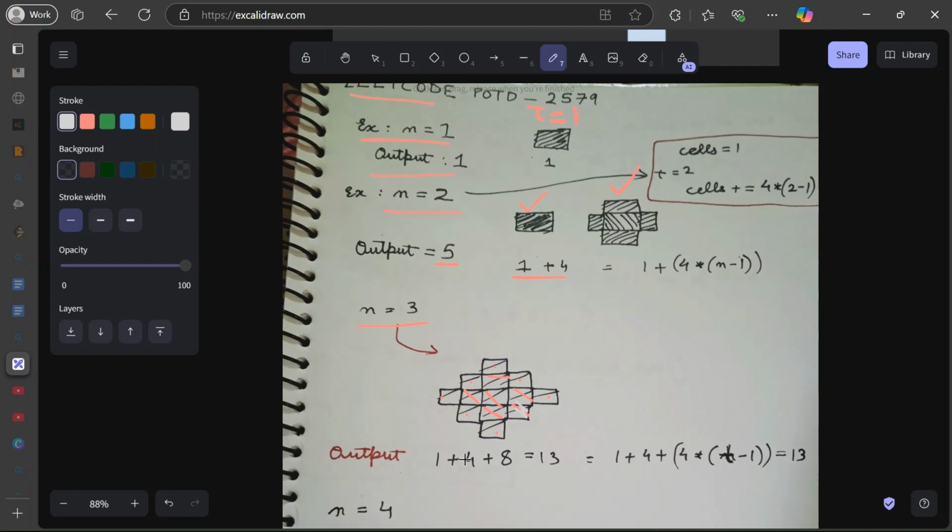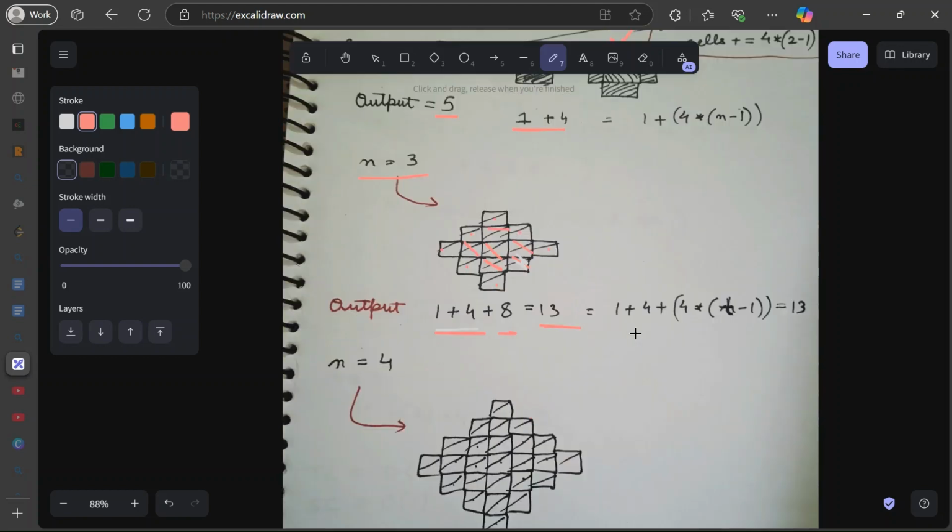So here we are getting 1 plus 4 from the previous. These cells were already color blue from the previous iteration. And this from the new one, the third second, which is 1, 2, 3, 4, 5, 6, 7, 8. 8 cells. 13 is the output.